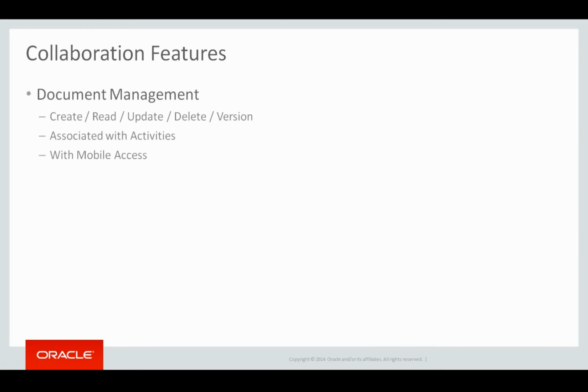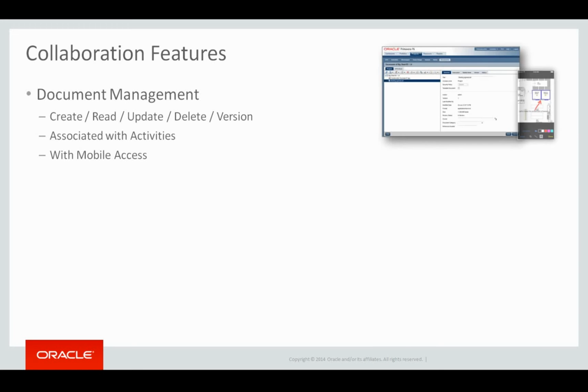Finally, P6 includes a set of collaboration capabilities that allow team members to work together more efficiently. One aspect of collaboration is document management. So P6 provides full document management capabilities that extend out to mobile devices as well, so that documents can be viewed and can be accessed and input from the field.